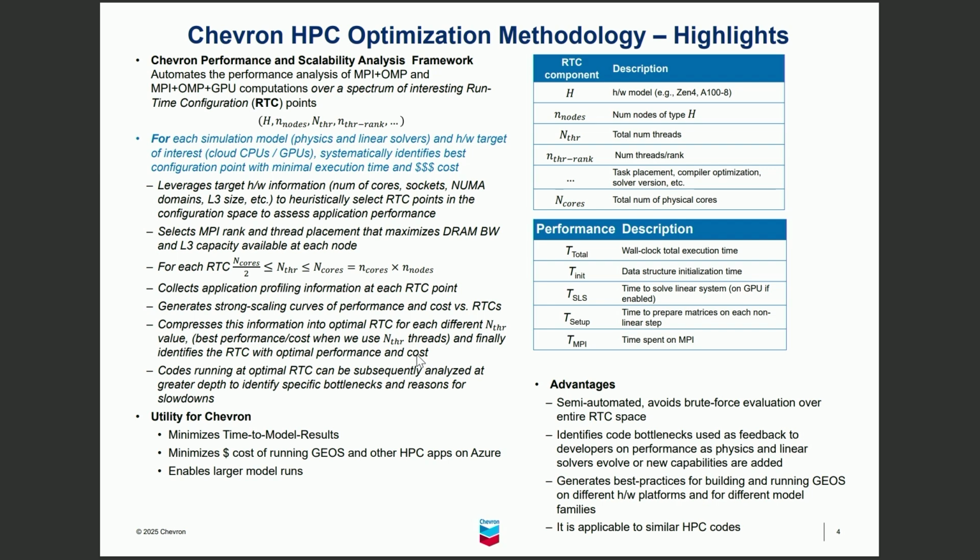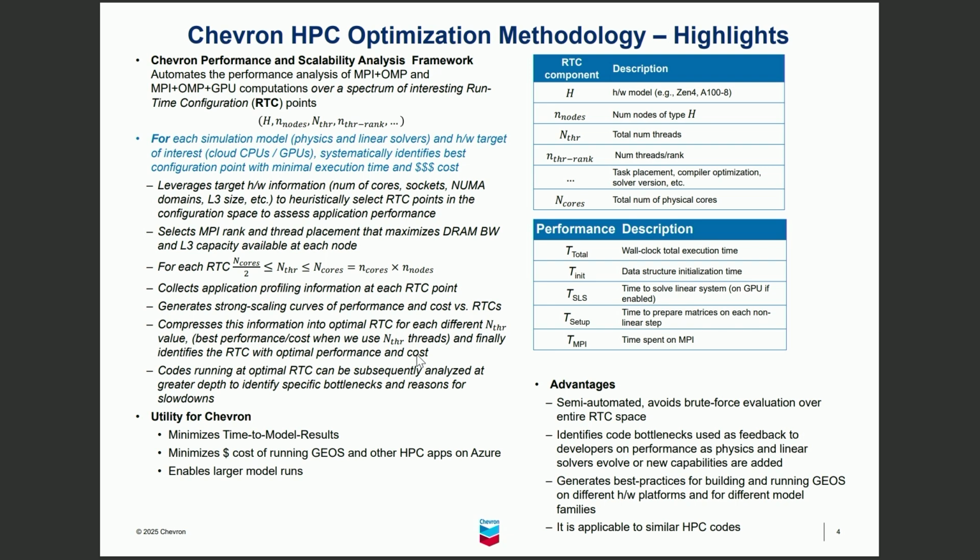Finally, after I go through this sequence of runtime configuration points, I will identify the minimum cost and the minimum execution time. But I'm not exhaustively going through the entire space. It's also very important to place the ranks and the threads in a particular location on the system.